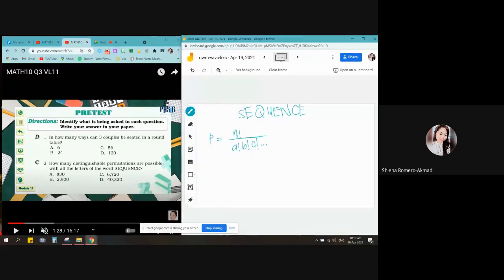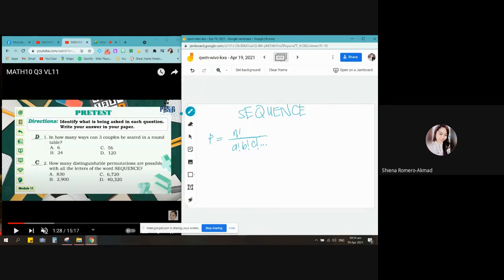Okay? Dito sa module na to, we'll deal with permutation and at the same time combination. Since alam nyo na how to identify if it's permutation or combination, that will be good. So yung number 1 natin and number 2 are both permutation. Yung 1 circular, ito, distinguishable.